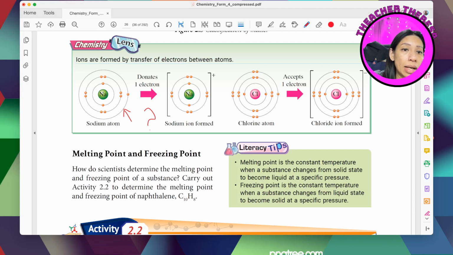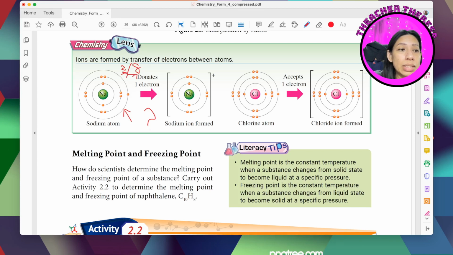Duplet means in order for that atom to be stable, it has to have 2 or 8 electrons in the valence shell. When must it have 2, and when must it have 8? Later I will discuss. But for now, any atom that forms an ion does so because it's not stable.